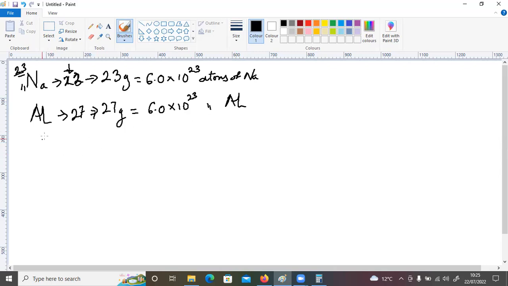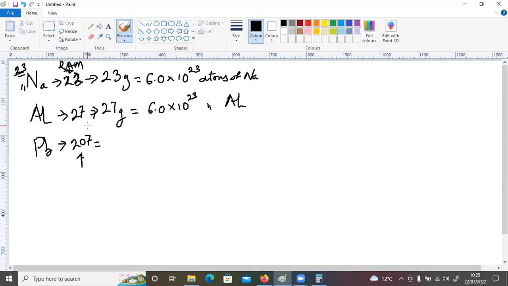If I take another element, let's say like lead, whose relative atomic mass is 207. By the way, relative atomic mass doesn't have units, because we said it's a ratio, it's a division of 2 units. So this quantity here, I leave it without grams because it is RAM, relative atomic mass.